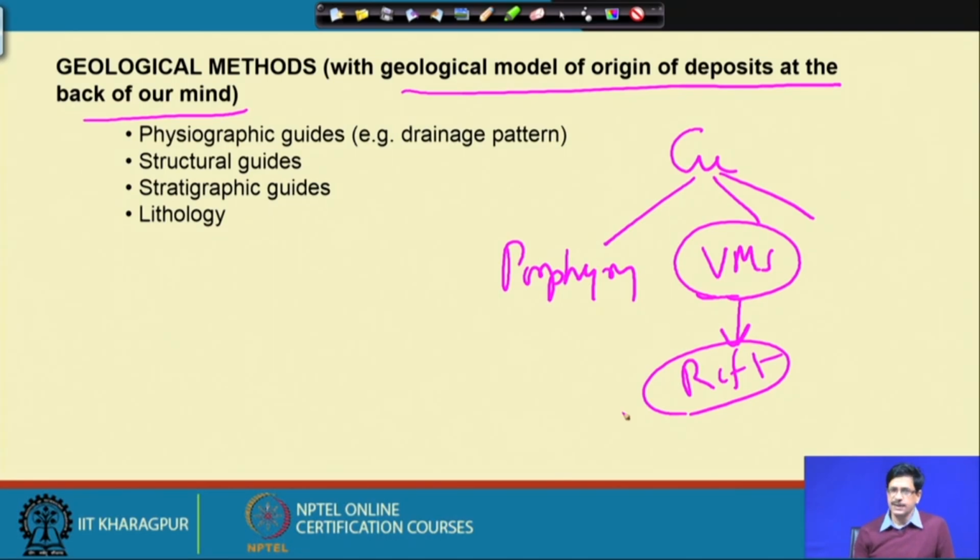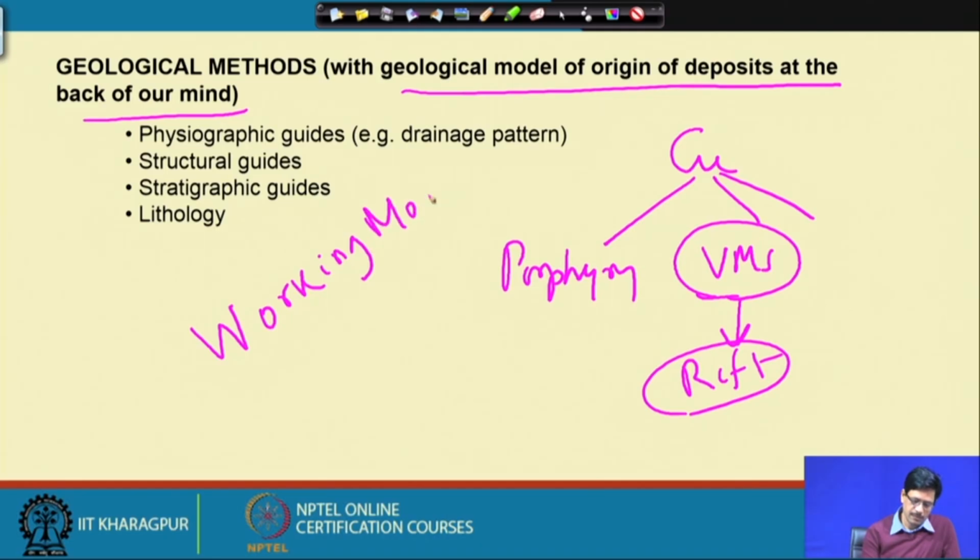So, whatever is the situation, whatever we have visualized, we have come up with something which we call a working model on the genesis of any deposit type. All these we have seen, the whole spectrum of mineral deposits of all the metals.